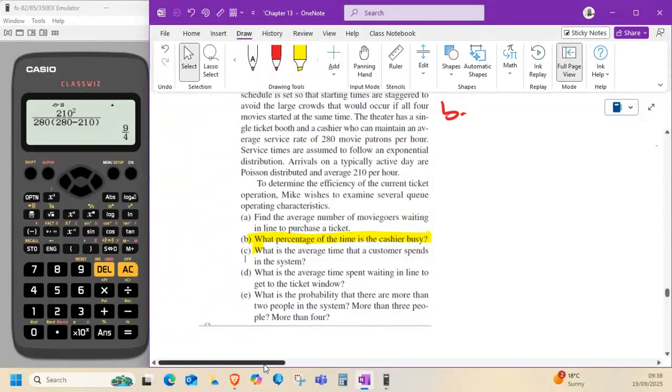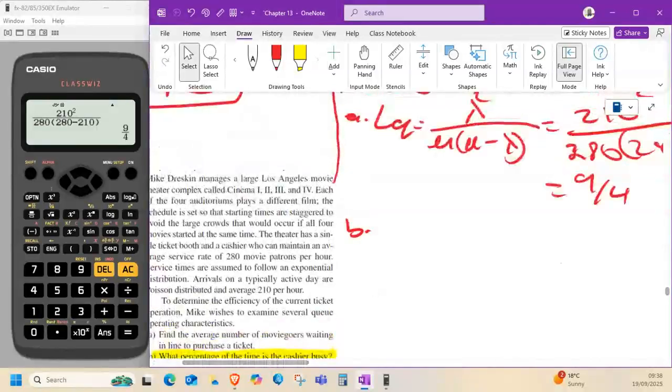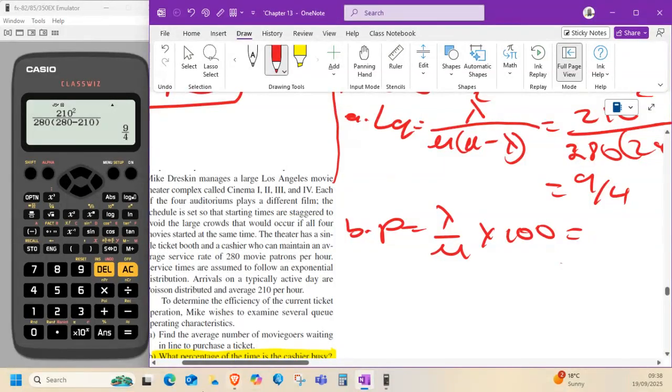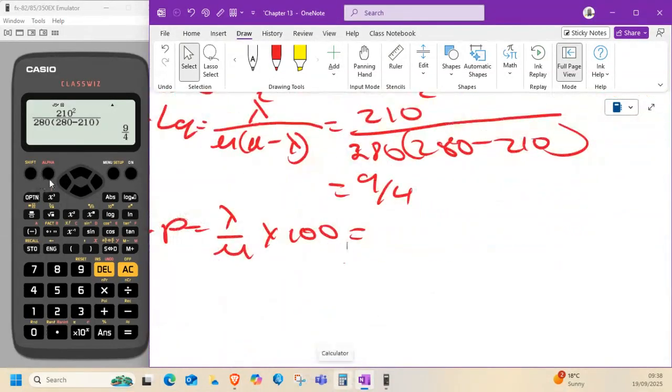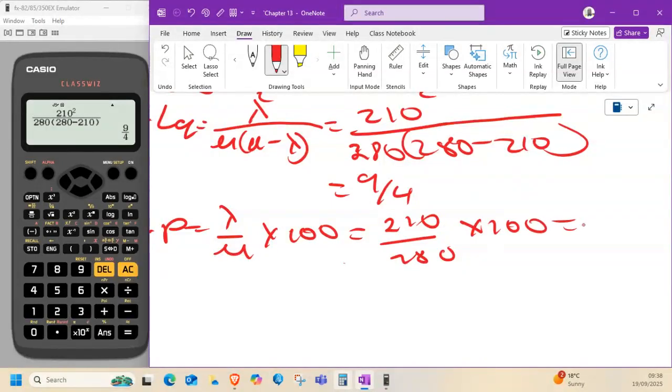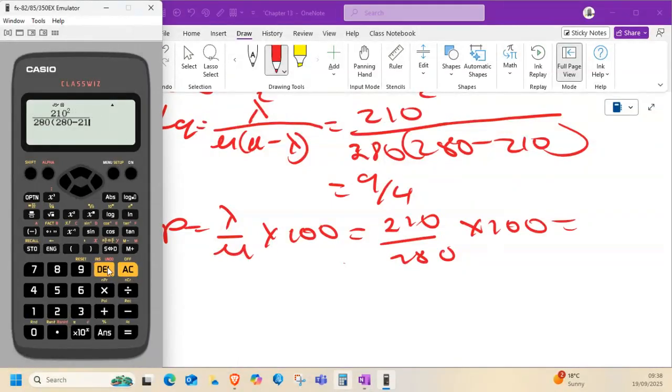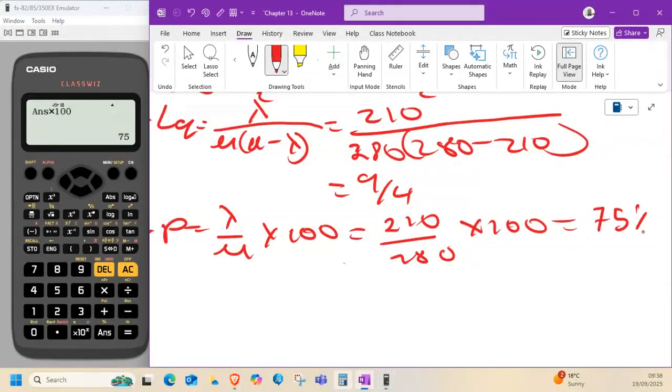So B is the percentage, which is P equals this over that times 100, equals 210 over 280 multiplied by 100, equals 75%.